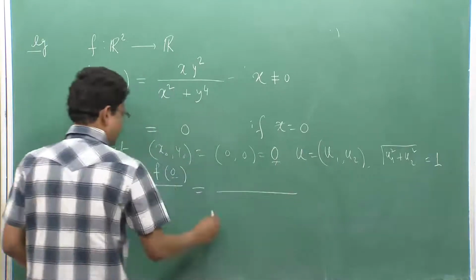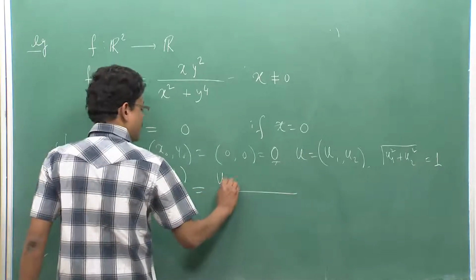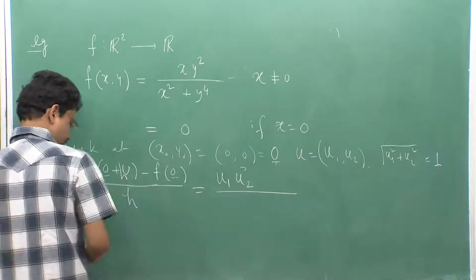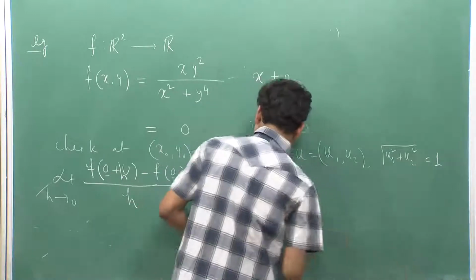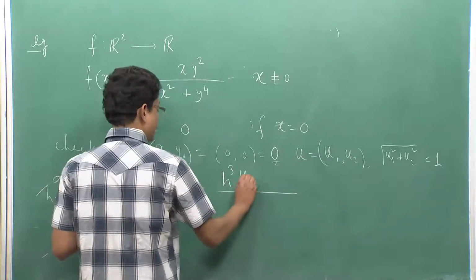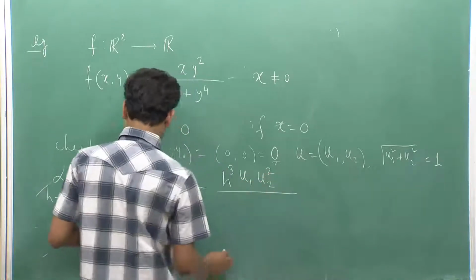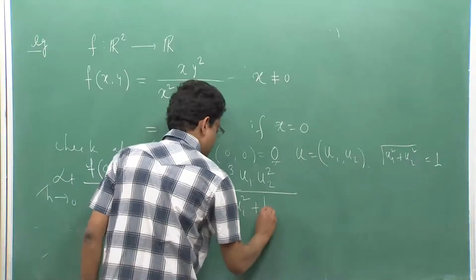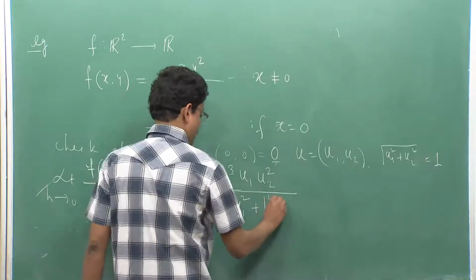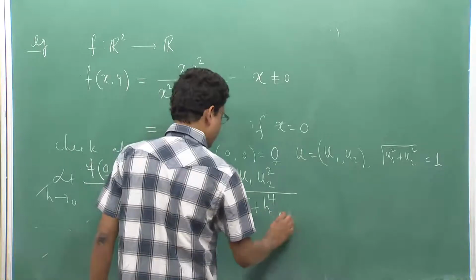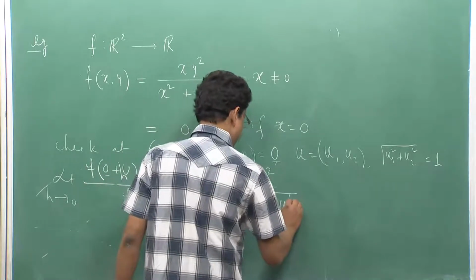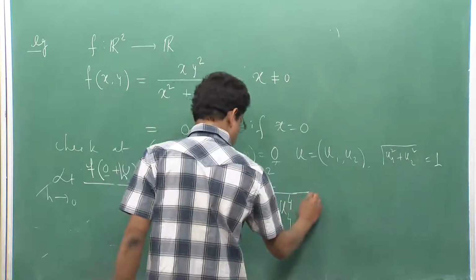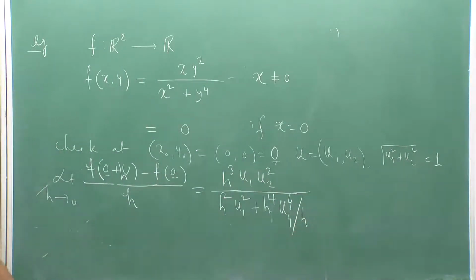That will give me by definition h cube u1 u2 square divided by h square u1 square plus h4 u power 4, everything divided by h. Check that is correct.